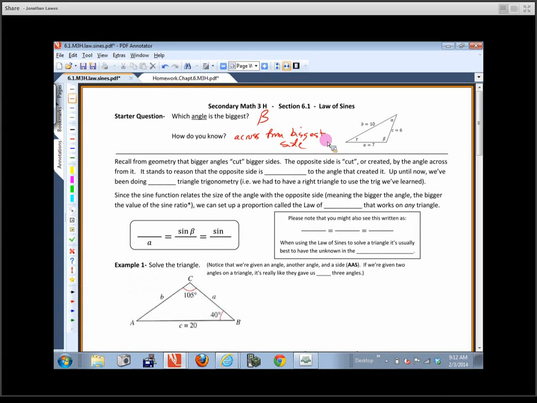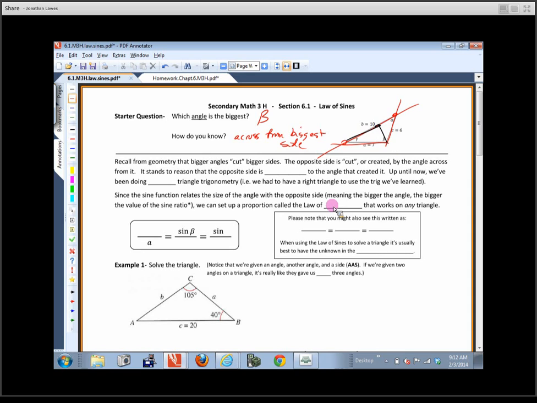So there's a theorem in geometry that says something along the lines of this, and this is the way I talk about this theorem when I teach geometry. I say bigger angles cut bigger sides, and what I mean by that is if I've got a big angle like this right here, it cuts out this side from here to here. If I were to shrink this angle down, it would cut out a smaller side.